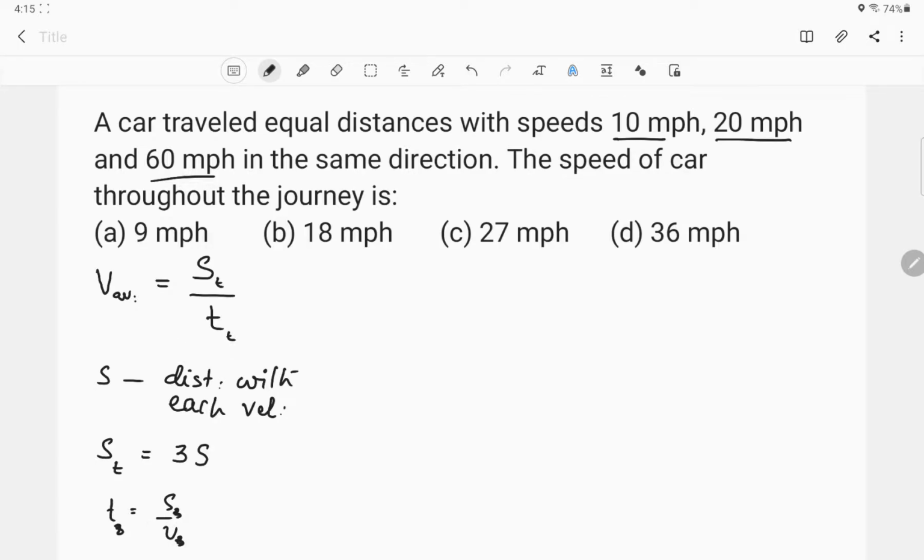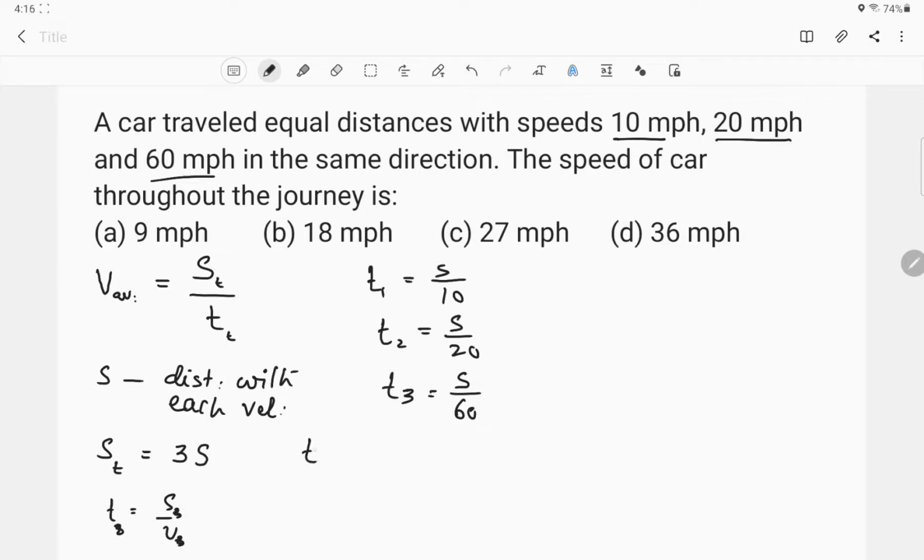So let's determine this time for all the different cases. T1 is S over 10, T2 is S over 20, T3 is S over 60.